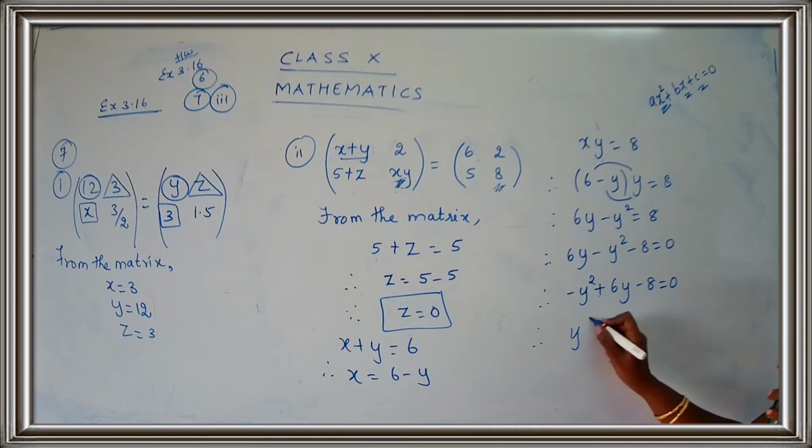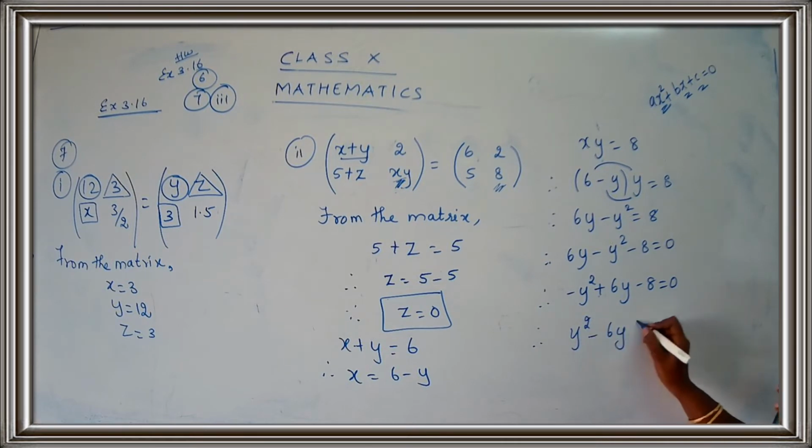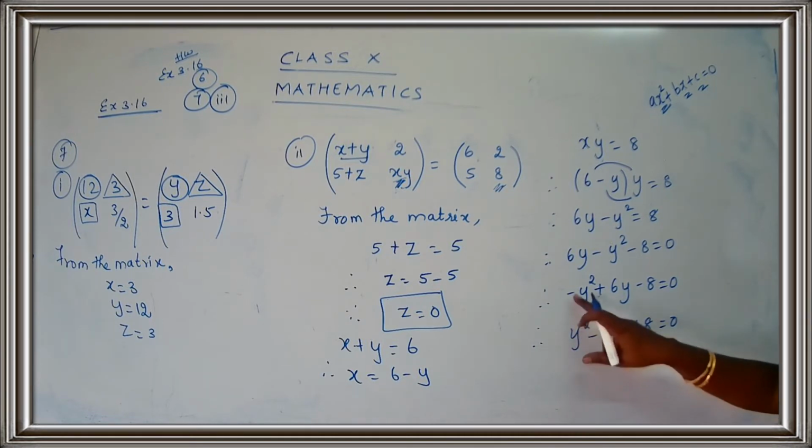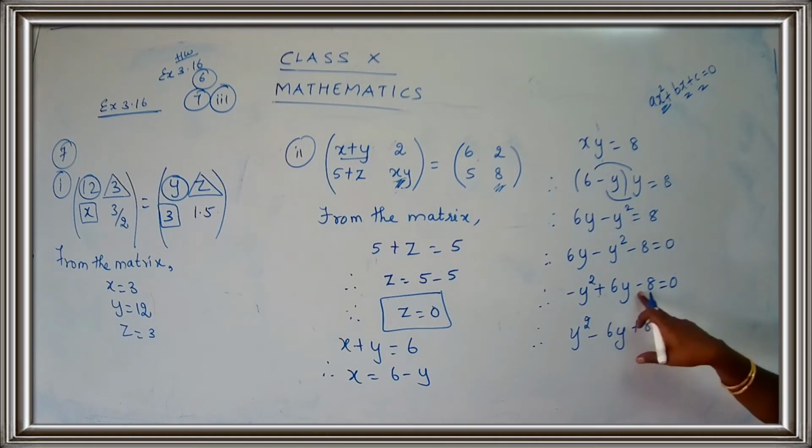So y square minus 6y plus 8 is equal to 0. Whenever you change the sign, the whole term's sign should be changed. So minus changes to plus, plus changes to minus, minus changes to plus. So I get the equation y square minus 6y plus 8 is equal to 0.